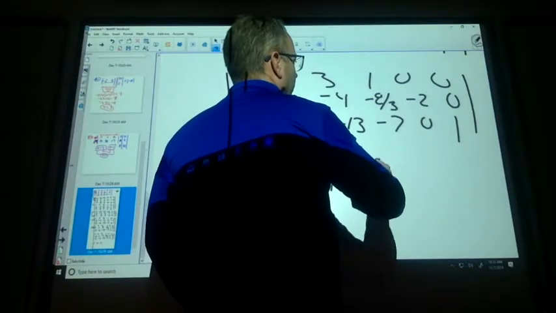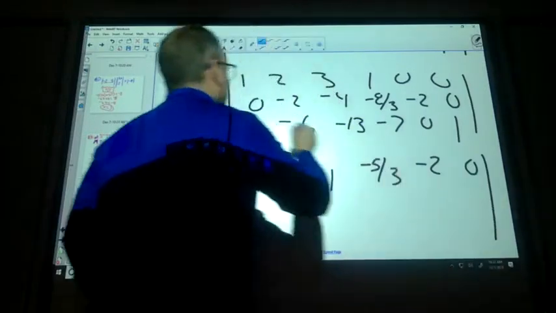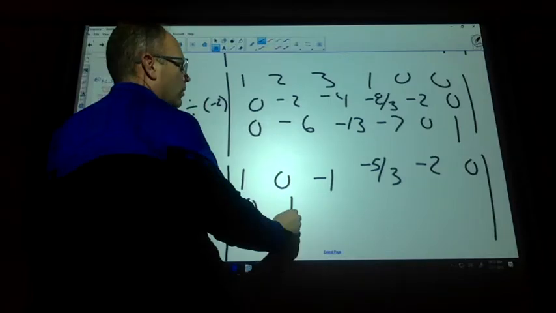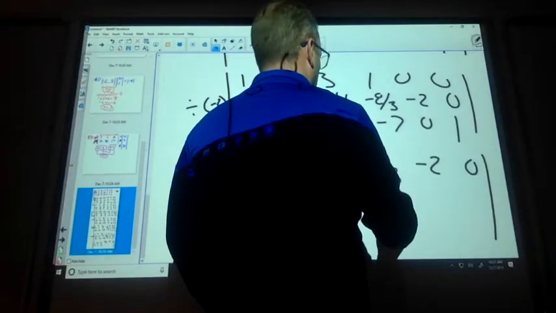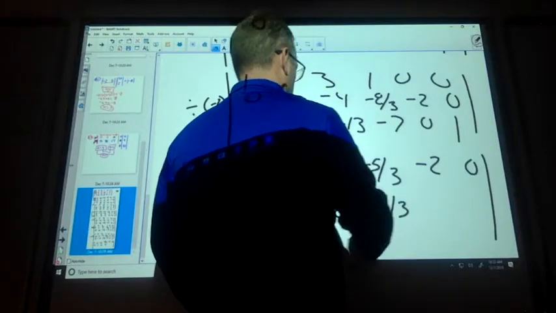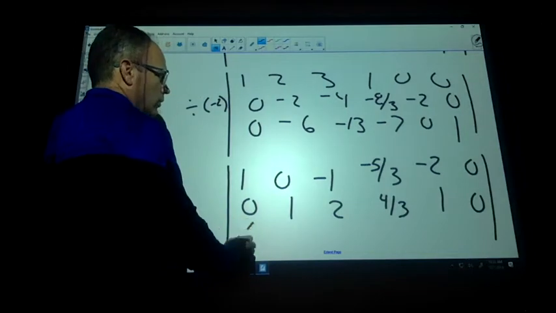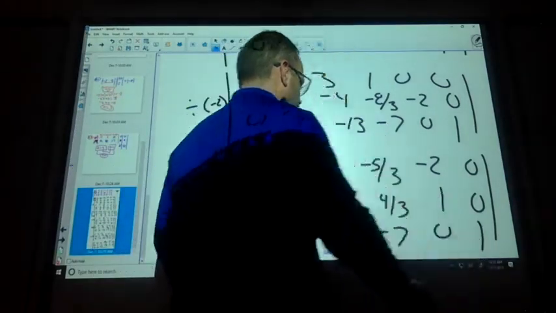That's going to be -5/3. -2, 0. Divide this whole row back by -2, so it goes back to normal. 1, 0, 0, -6, -13, -7, 0, 1.